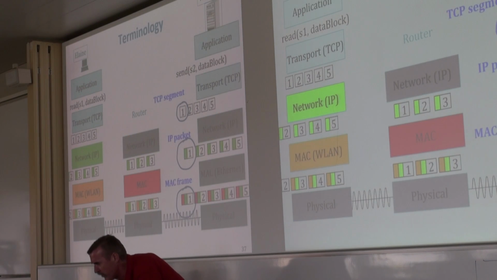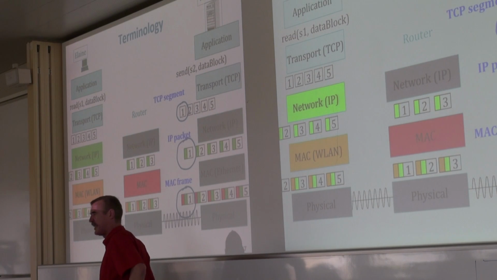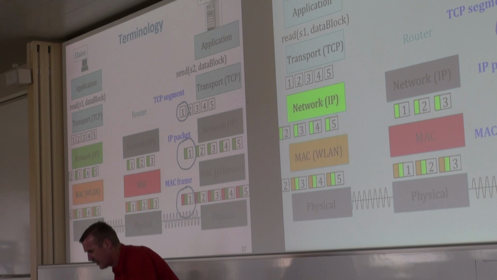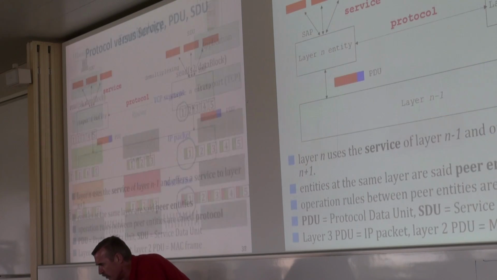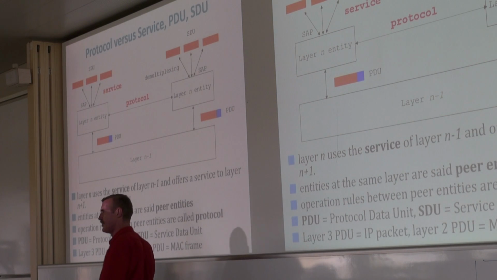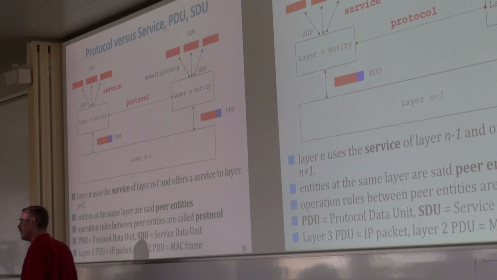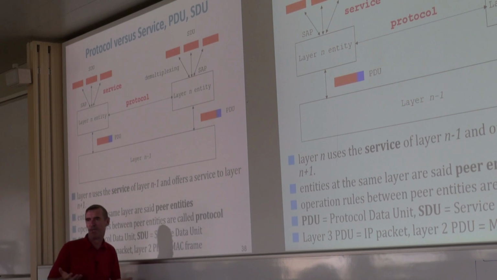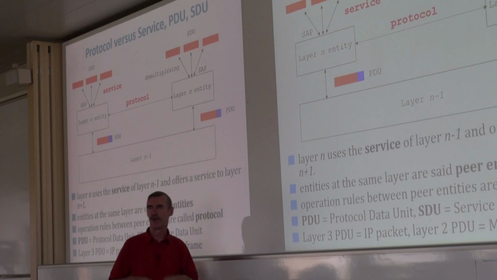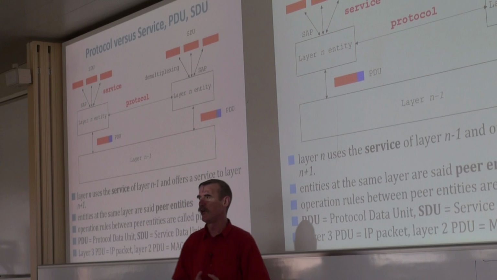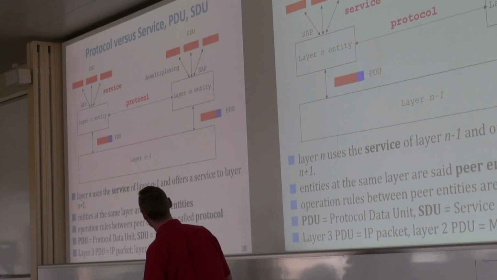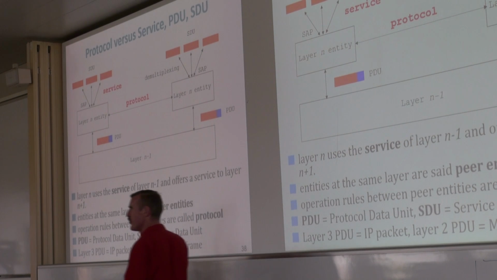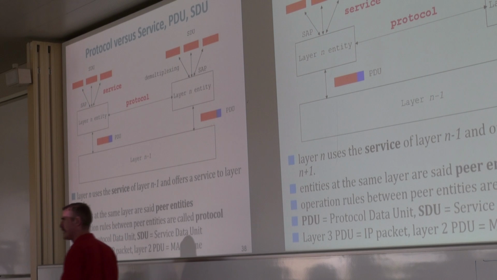And here I'm showing three different terminology: TCP segment, IP packet, MAC frame. Well, those are just instances of this jargon, which you need to know. I try to avoid it as much as possible, but we will encounter it. When I have two layers, whatever they are, for example, the IP layer or the MAC layer or the application layer or the TCP layer, whenever there are two layers, the thing that they exchange with each other is called a protocol data unit.